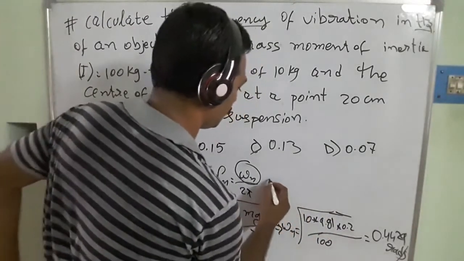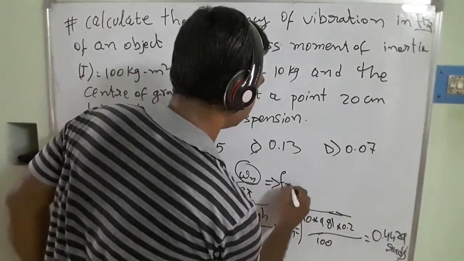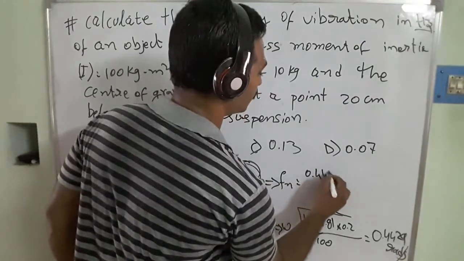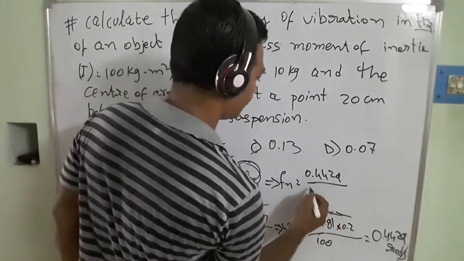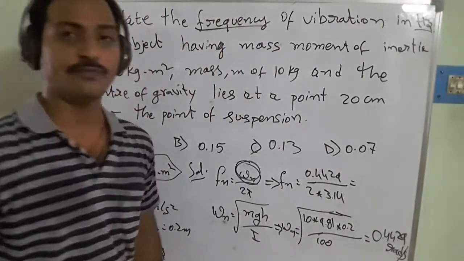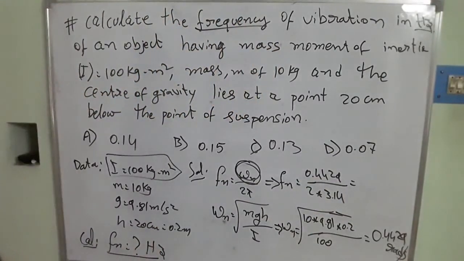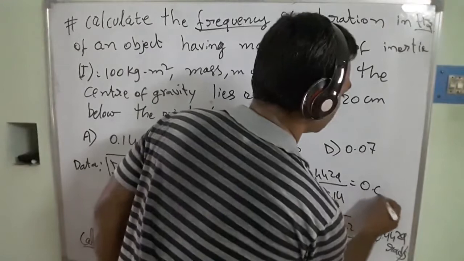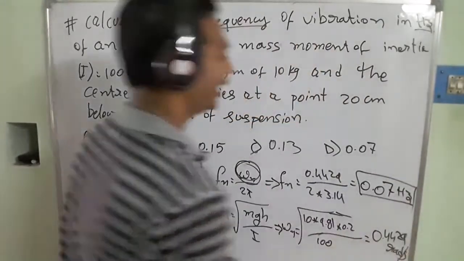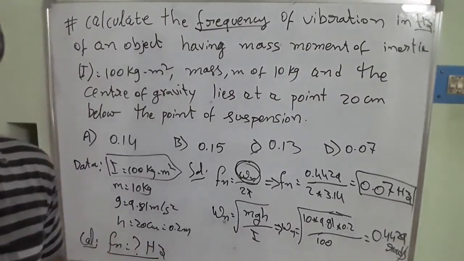So Fn is equal to omega n divided by 2 pi, that is 0.4429 divided by 2 into 3.14. So what is the final answer from that? The answer is 0.07 Hz. Alright, this is the natural frequency of the given compound pendulum.